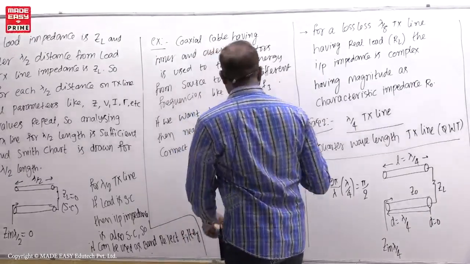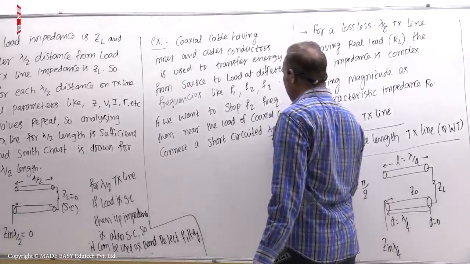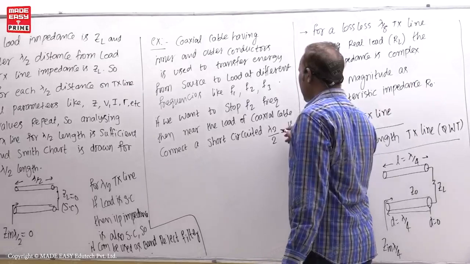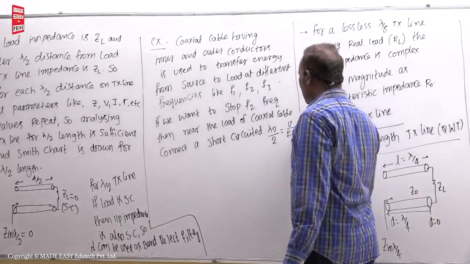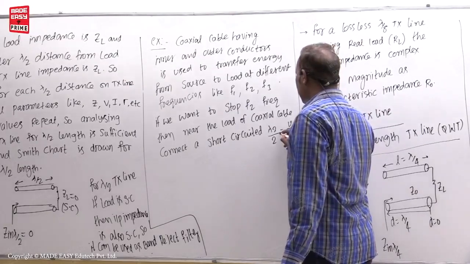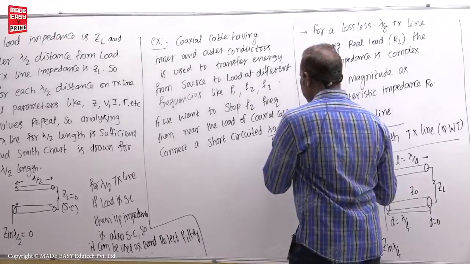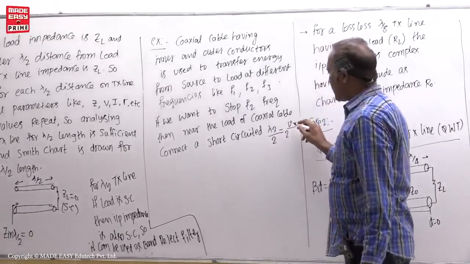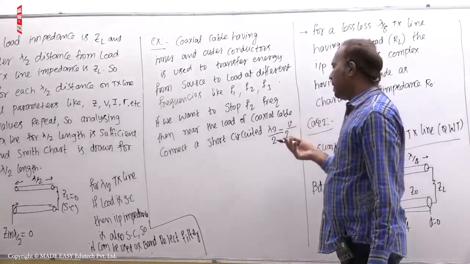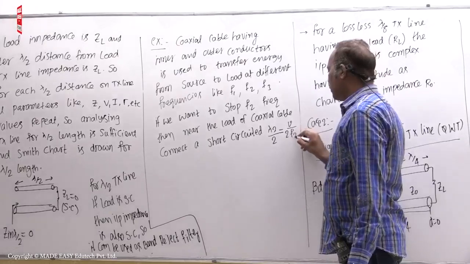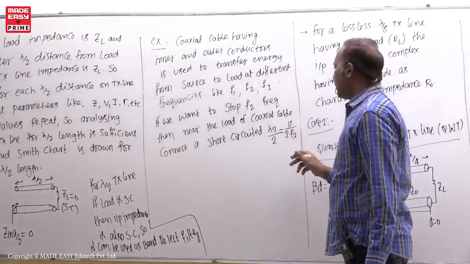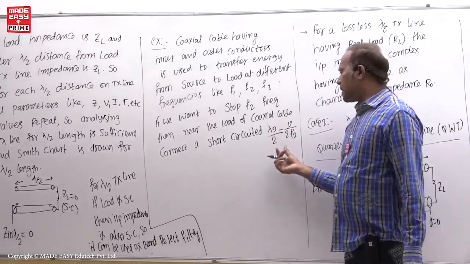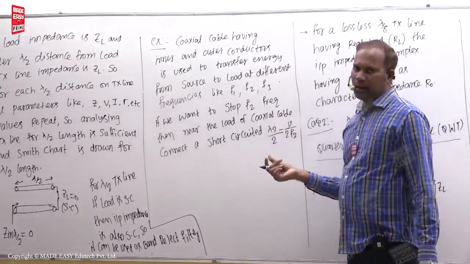Can you tell me, student, what is lambda 2 here? Lambda is equal to V by F, so velocity divided by frequency, and here I have to take frequency 2. So lambda 2 is nothing but v by f2. At the f2 frequency, the length of the transmission line becomes lambda by 2.